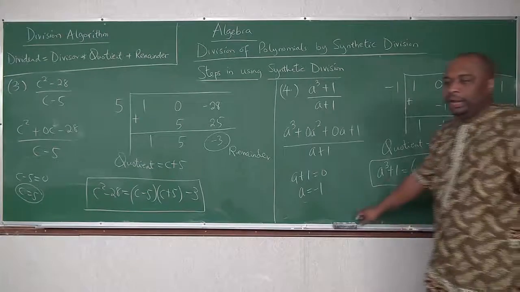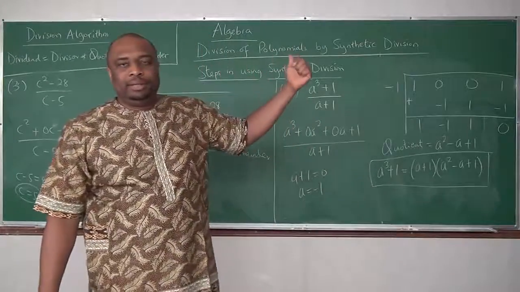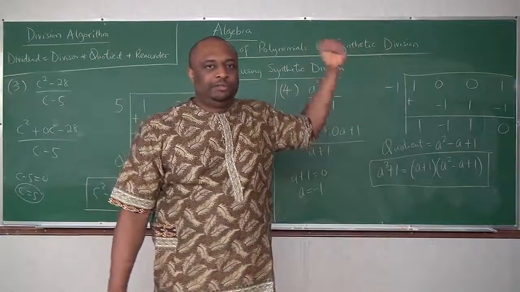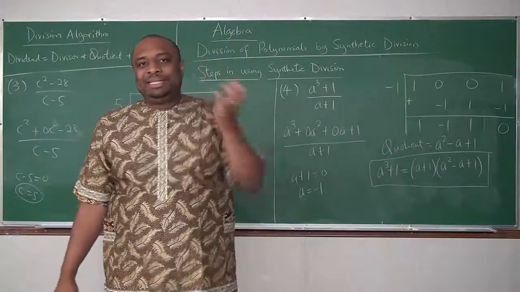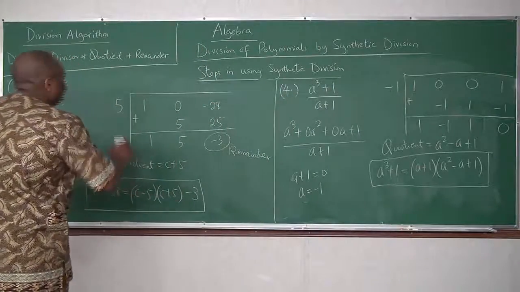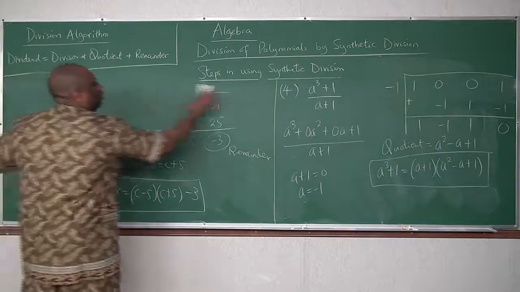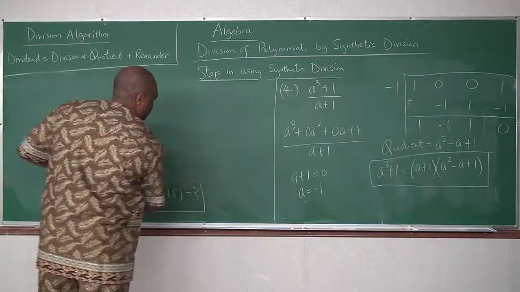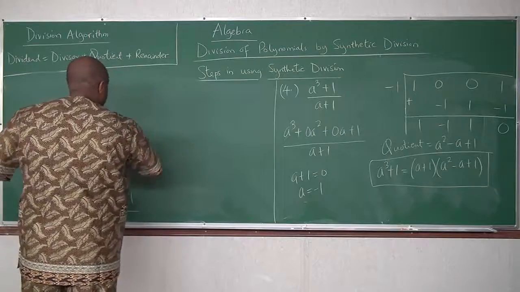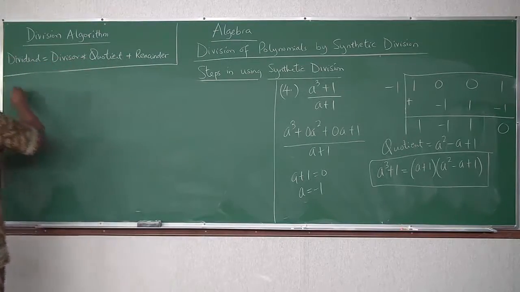Alright, we have 2 more questions. We did 8 questions in that long division video, so we are pulling just 6 from there to do in this video. So 2 more. Question 5.